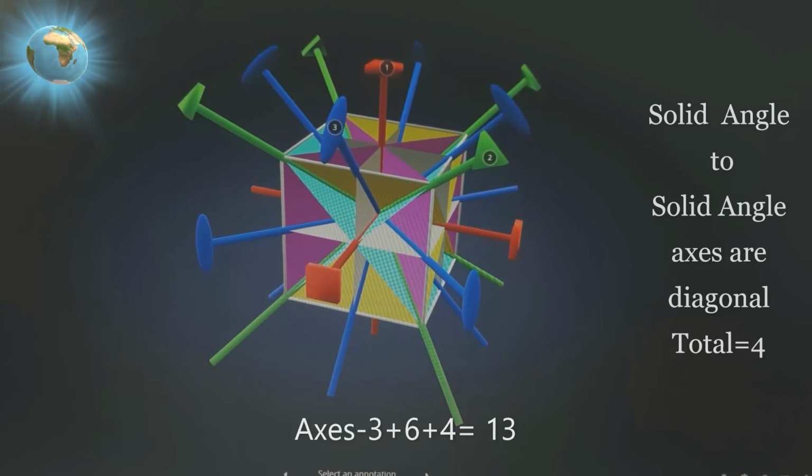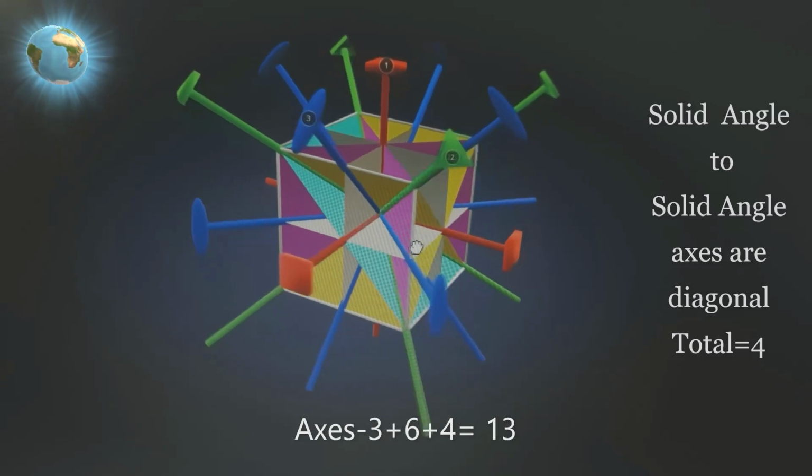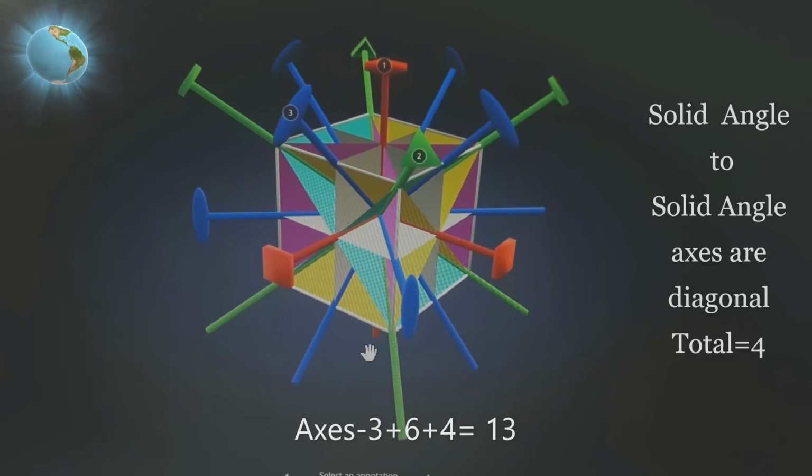So this is about axis of cubic system, and axes are 13, out of which center of face to center of face are 3 axes. Center of the edge to center of edge are top 4 and middle 2.